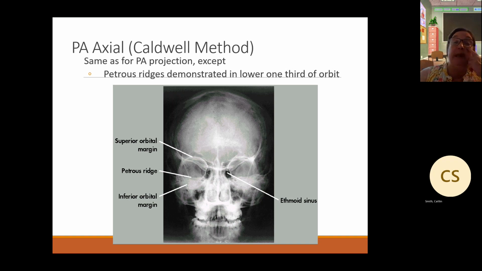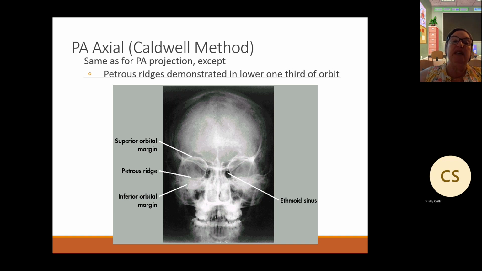Now, we do it PA, but if the patient couldn't turn on their tummy and you had to do it AP, then instead of angling 15 degrees caudad, you would angle 15 degrees cephalad.